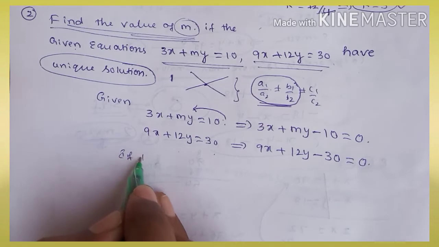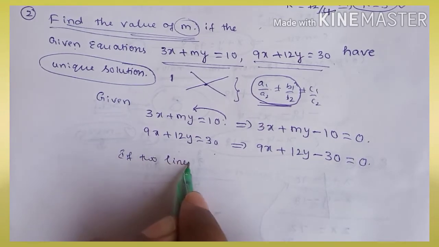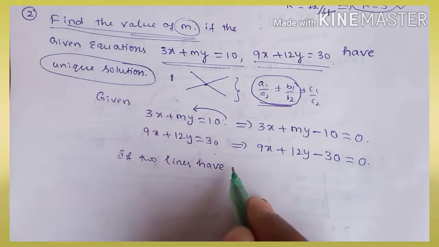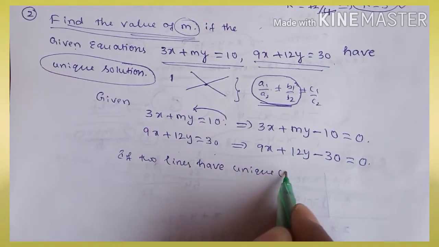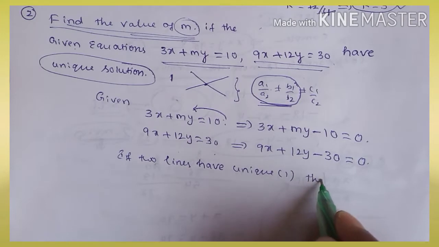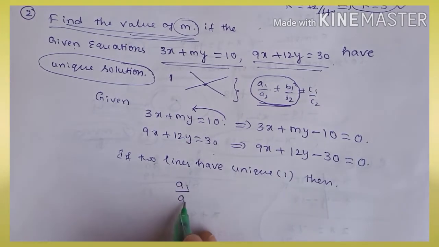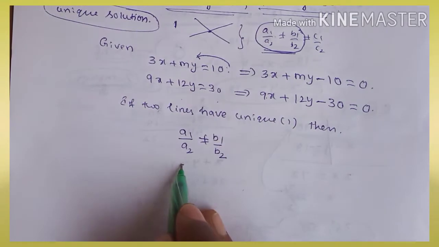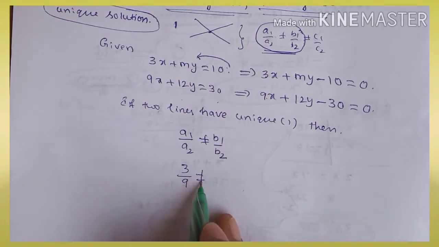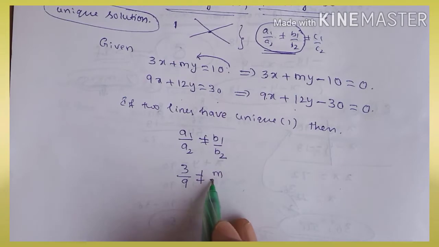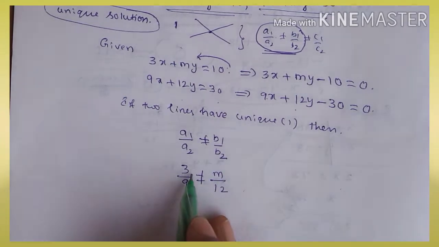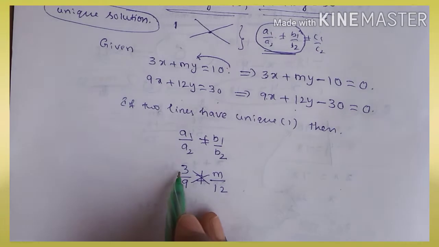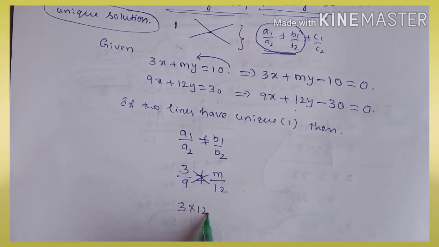If two lines have how many solutions? Unique solutions. Unique means one solution. Then the condition is a1/a2 is not equal to b1/b2. c1/c2 is not mandatory here. a1/a2 is 3/9, not equal to b1/b2, m/12. Again the same process, apply cross multiplication. 3 into 12 is not equal to 9 into m.